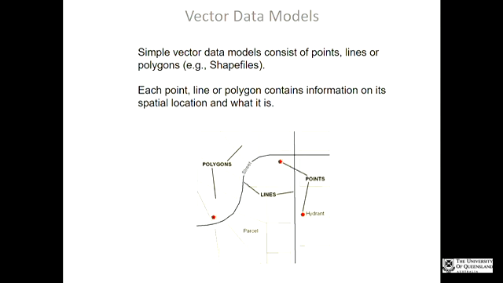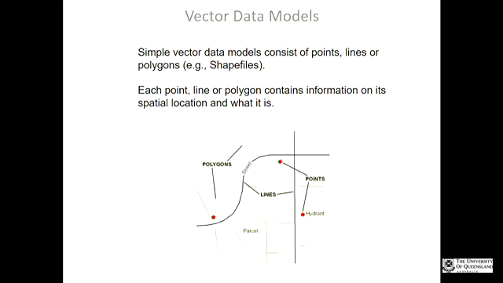So, vector data models. What I'm going to do first is describe what a simple vector data model is. In ArcGIS, these are the shapefiles. The shapefiles you used yesterday are essentially a simple representation of vector data models.